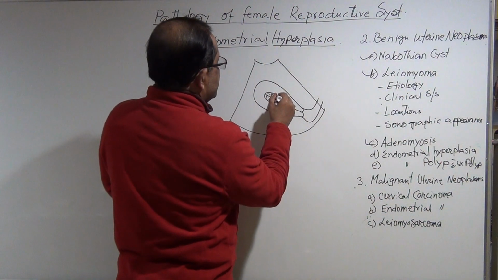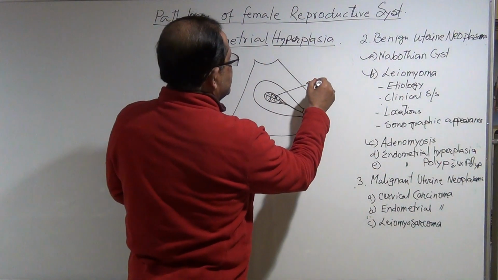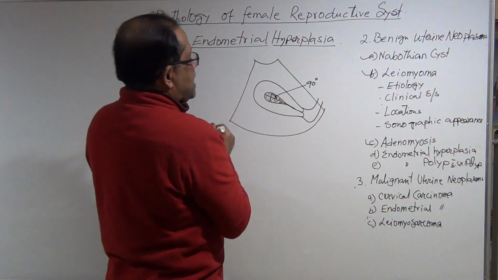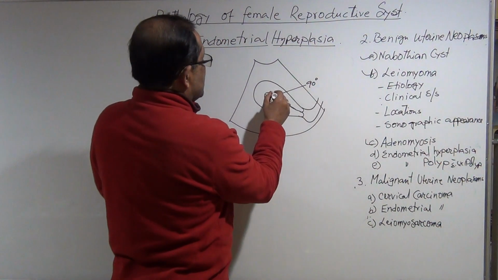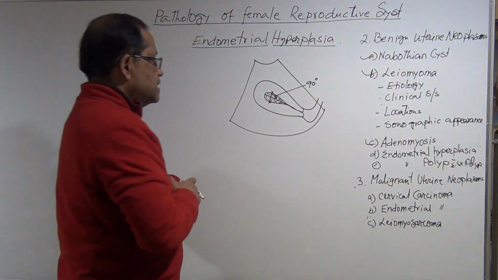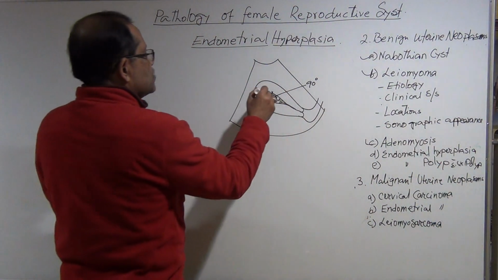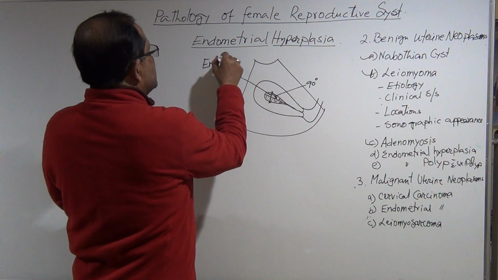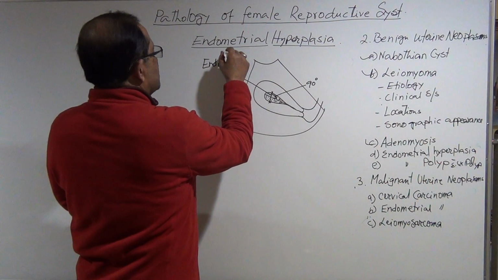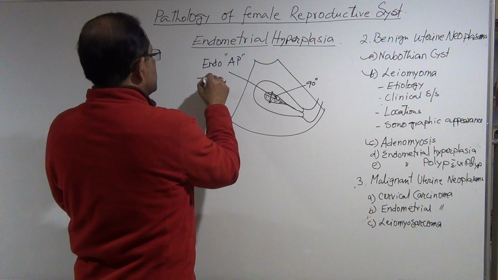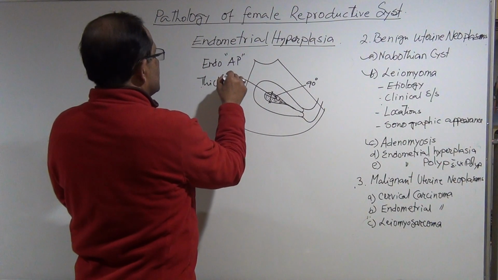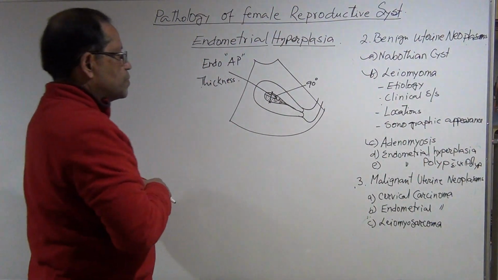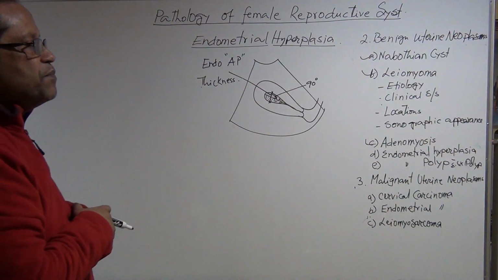So this is a 90-degree angle, right? And this is the correct measurement, from outer to outer. This is called endometrial thickness. We call it endometrial AP. AP means antero-posterior, which is known as thickness. Correct measurement is very important.